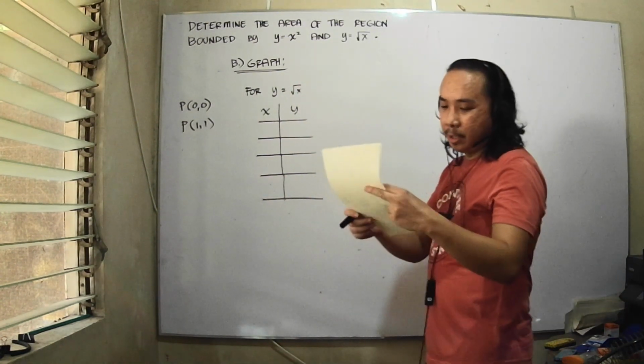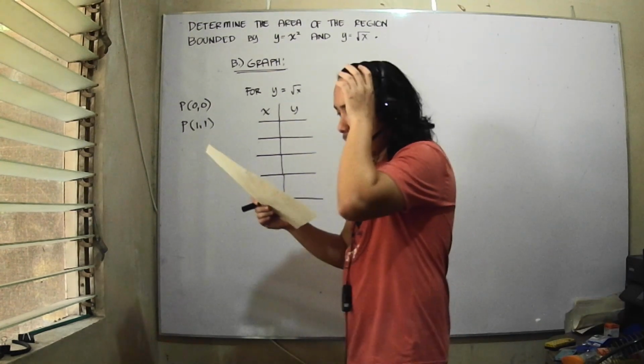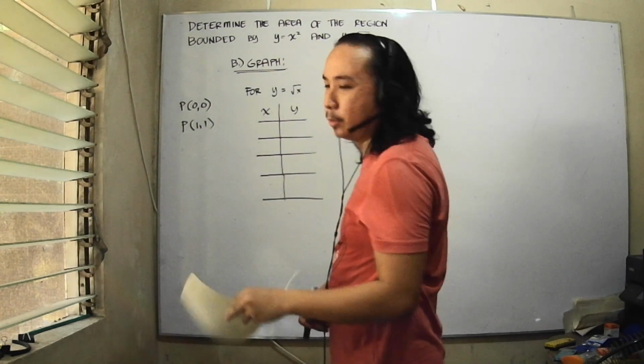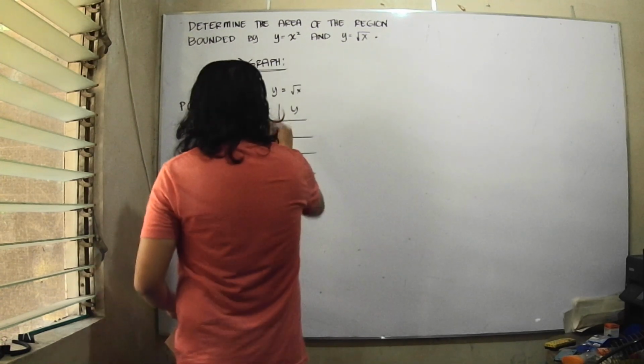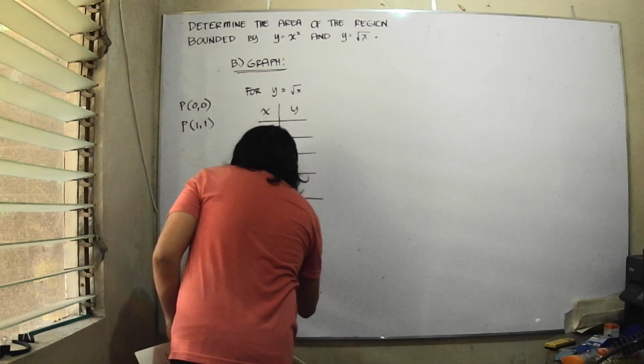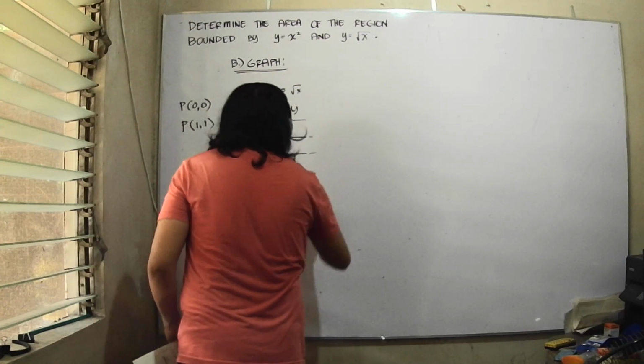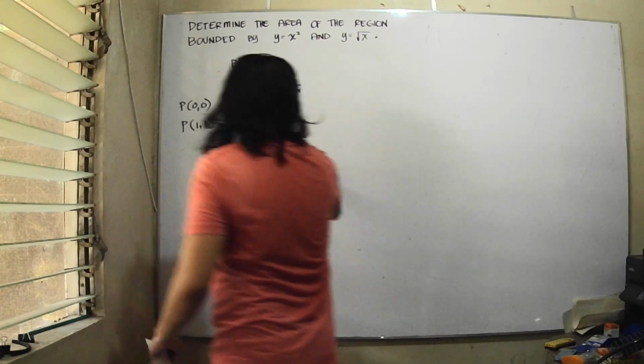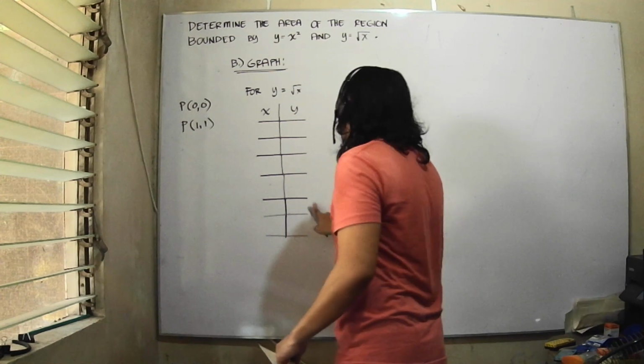We can use six points to define this: 1, 2, 3, 4, 5, 6. We can use the table function to solve for the values of x and y.